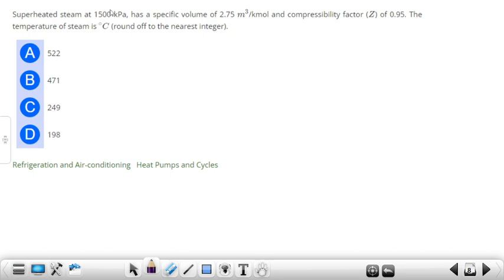Superheated steam at 1500 kilopascal has a specific volume of 2.75 meter cube per kilomole, and the compressibility factor Z is equal to 0.95. Then the temperature of the steam, up to the nearest integer in degree centigrade, is around?